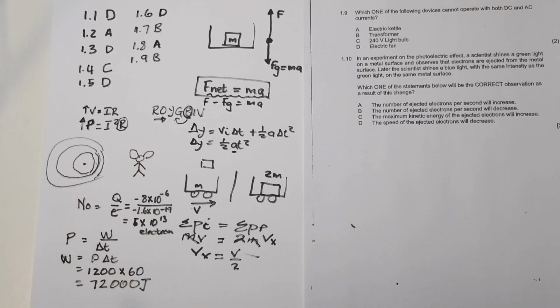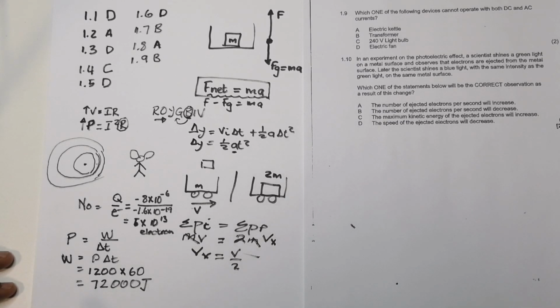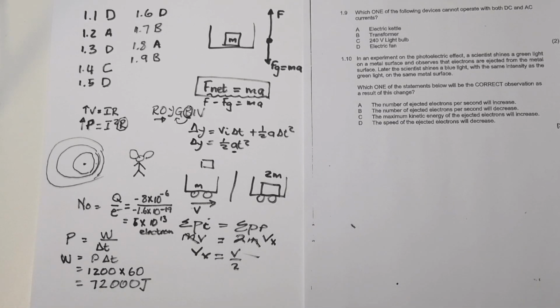So therefore the kinetic energy of those ejected electrons should actually be higher. They say the number of ejected electrons per second will increase. Remember, that's a function of intensity. Intensity should be the same, so in that case, that will not necessarily be true. For those of you who may be wondering what I'm talking about, please go and visit our lesson on the photoelectric effect.